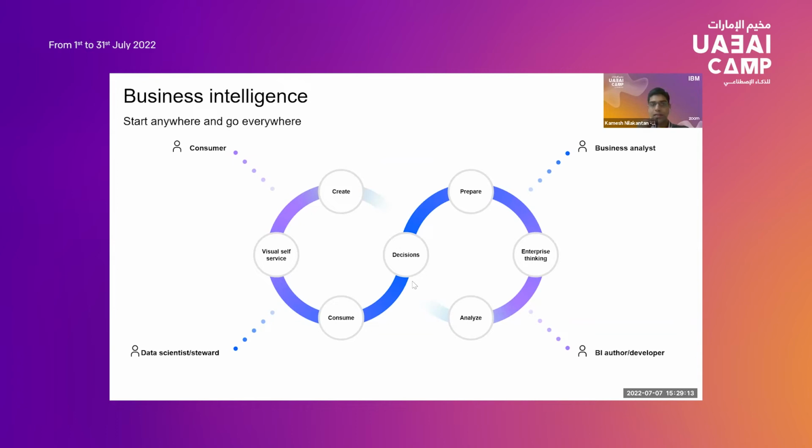So the first one is going to be all the consumers with access to different information. What insights can they get about an organization? The second one is going to be around the business analyst, right? Business analysts, this is the persona that's going to be responsible for translating data to actionable insights, right? And they are the ones who are going to have hands-on access to data through self-service analytics, right?